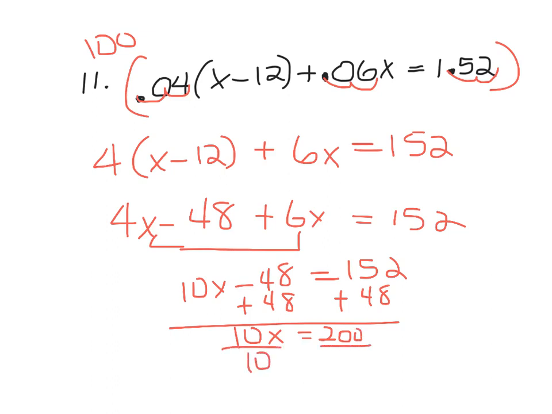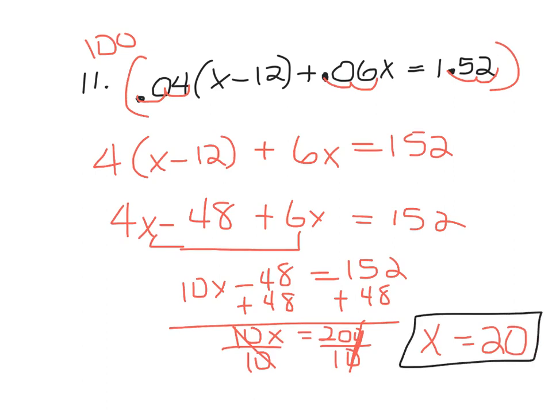Divide by 10. Cross off one of the zeros from the top and the bottom. So x equals 20. So as long as you move the decimal point the same number of times in every single term, including the answer, you don't have to adjust anything in the end. It makes it a lot simpler.